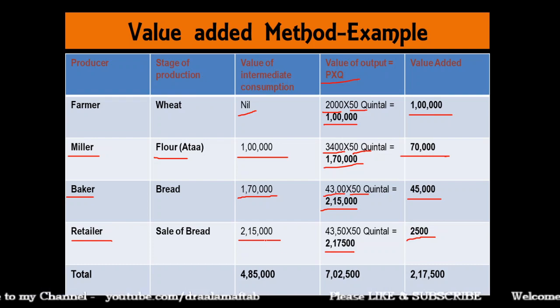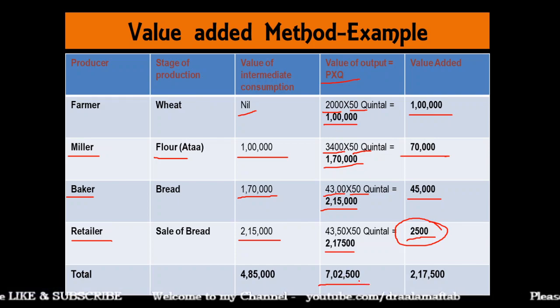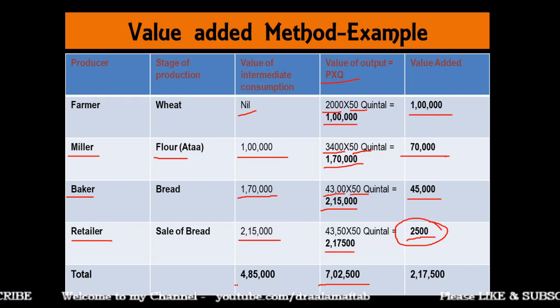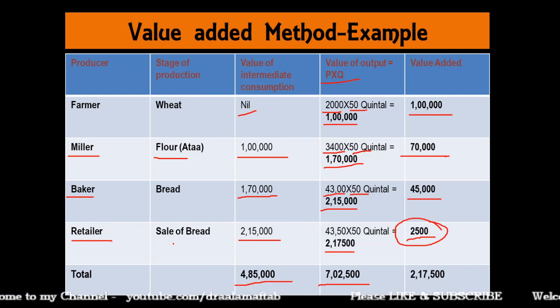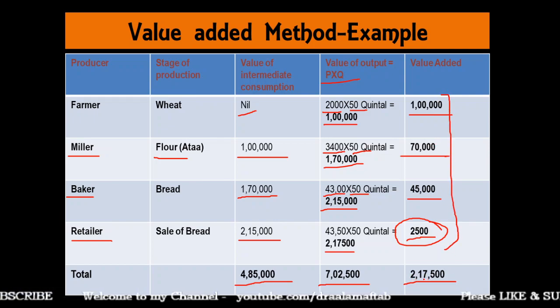So this minus this, you will get this value. This way you can add up all these values. Total value of output is 7,02,500. Total value of intermediate consumption in these four stages is 4,85,000. So difference is 2,17,500. So you can add this also, you will get this value.